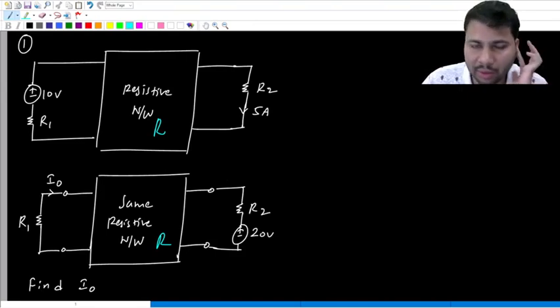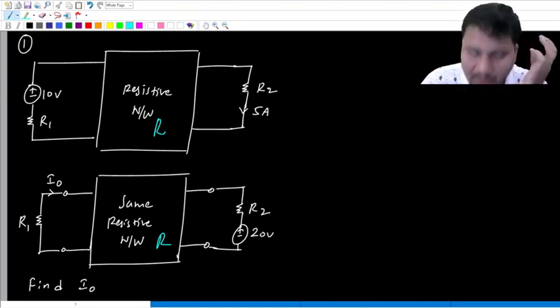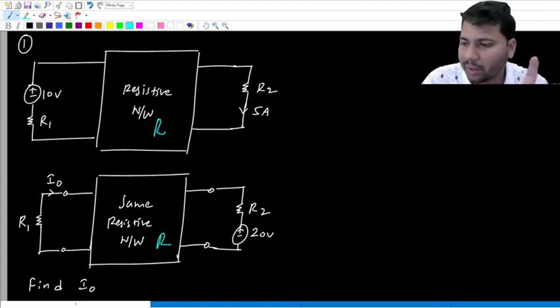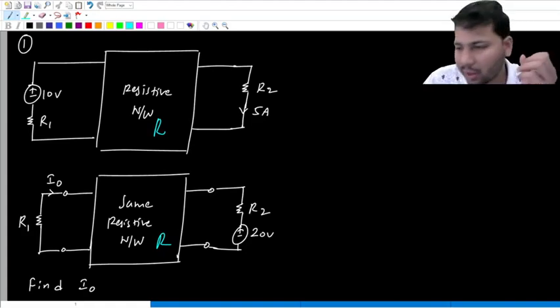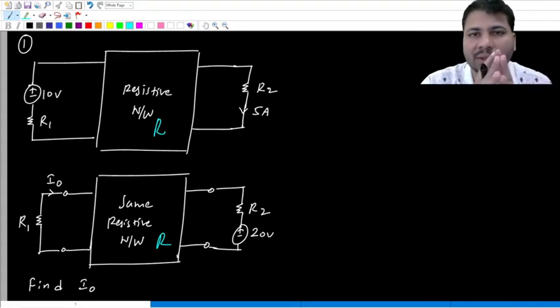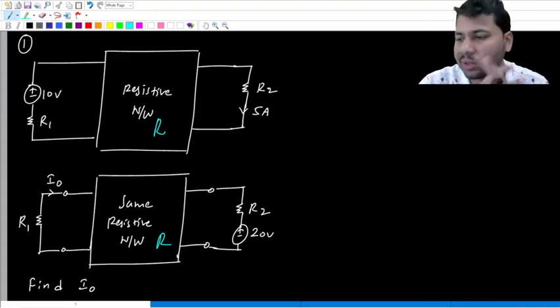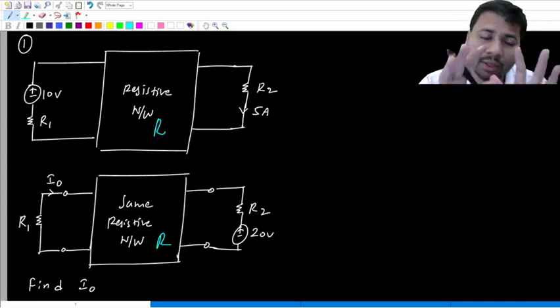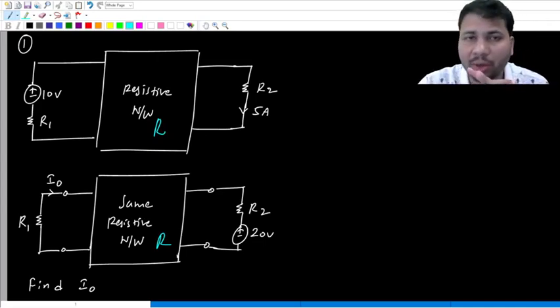In the case of the reciprocity theorem, first we have an original resistive two-port network, and in that network you will have two sources, one source on one side, another source on the other side. For that network with two sources, we will conduct two experiments. In each experiment only one source will be active.